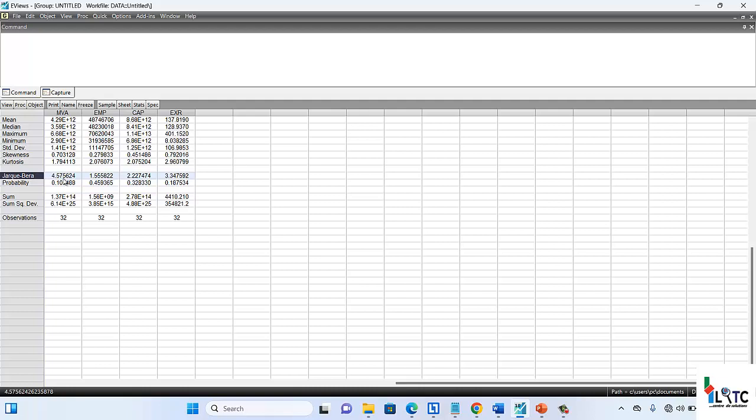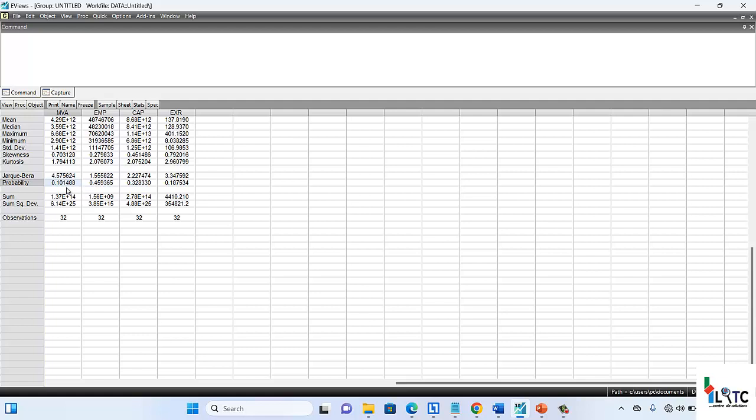So when you want to know whether this particular variable is normally distributed or not, what you just need to focus on is your probability. If the probability value is greater than 5%, then you can conclude that the variable is normally distributed. In this case, all these variables, manufacturing value added, employment, capital, and exchange rates, they are all normally distributed.